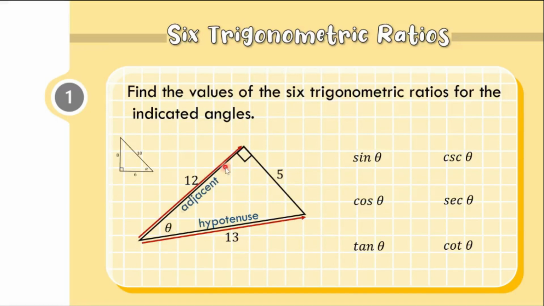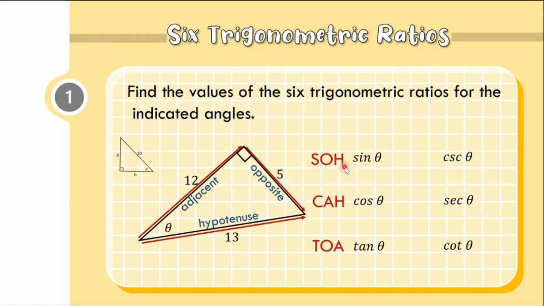Therefore, this is your adjacent side, and the opposite side is the side opposite to angle theta, which is this one. So since we already identified the adjacent side, opposite side, and the hypotenuse, let us now find the ratios of these trigonometric functions using SOH-CAH-TOA.